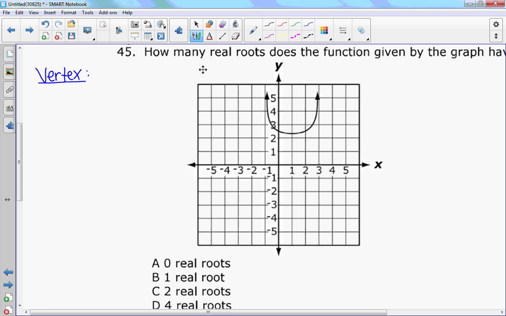If it's in standard form, you find first the axis of symmetry, which is x equals negative b over 2a, the beginning of the quadratic formula. Once you know the axis of symmetry, you plug in your x, and that will give you your y. That's how you find a vertex, if it's in standard form.